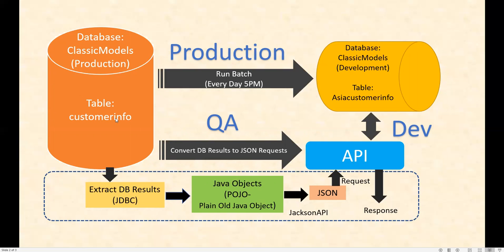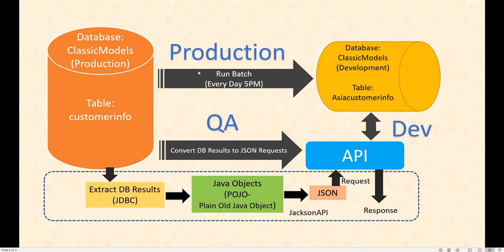This particular table has lots of data, and every day we'll get hundreds, thousands, or millions of records. This is production data from different countries or different states. In the production environment, at the end of the day, around 5 p.m., they will run a batch.